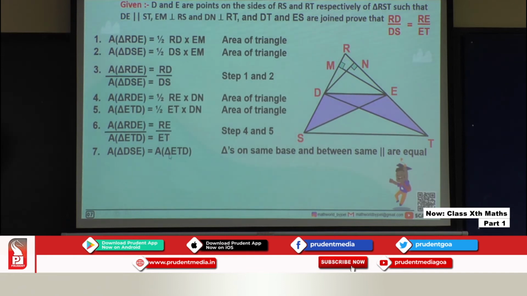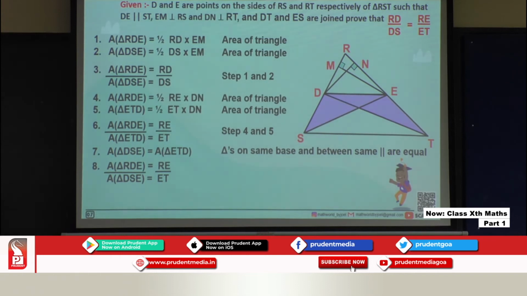So instead of this ETD, I can write DSE. Okay, and when I do that, which step am I substituting it in? I'm substituting it in the 6th step because ETD was there, right? So instead of ETD, I will write DSE, and then the entire step number 6 is written back again.